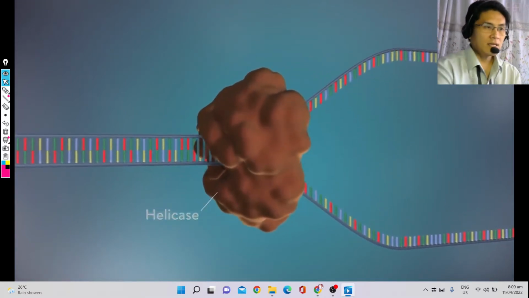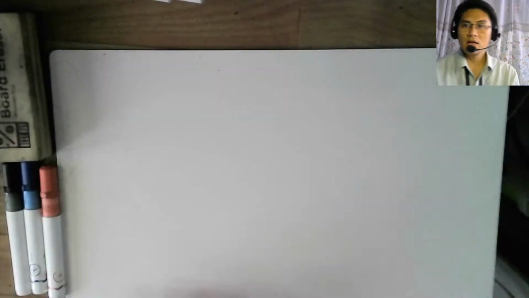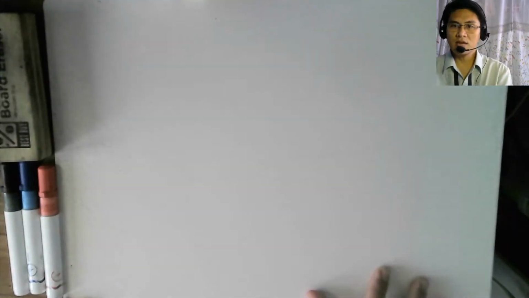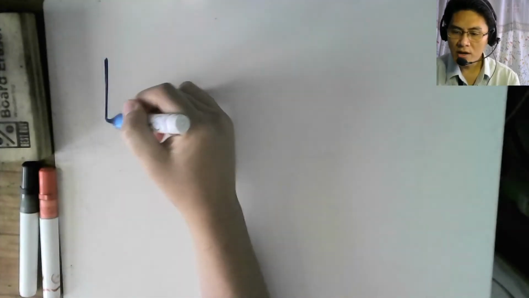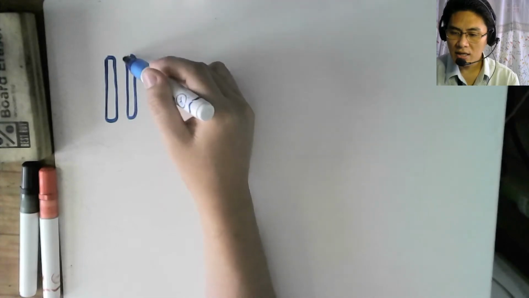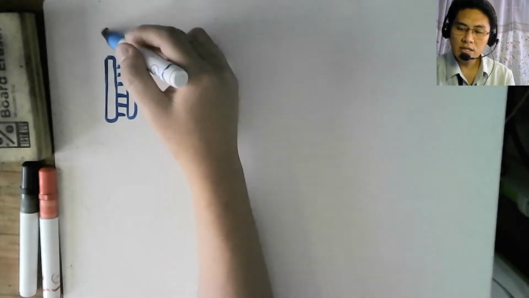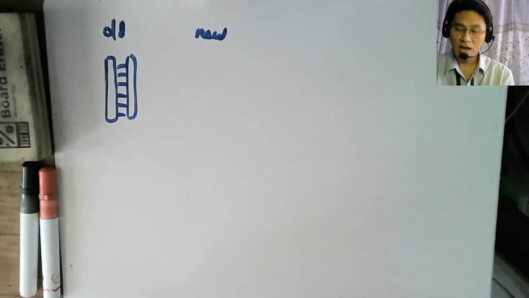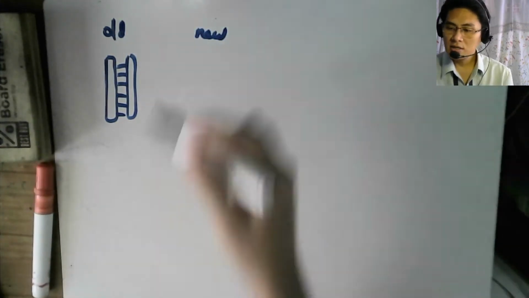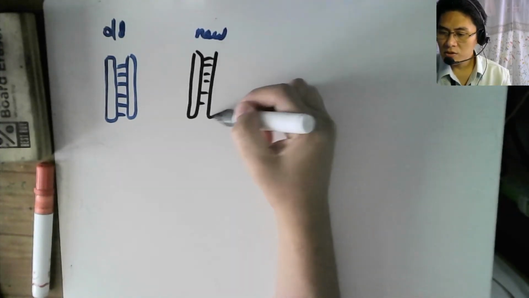And again, just to emphasize, this is one of the unique things about DNA replication. When you have the DNA, which is like, again, a ladder, right? Instead of, this is the old DNA, and then you create a new DNA from scratch, you don't do that.